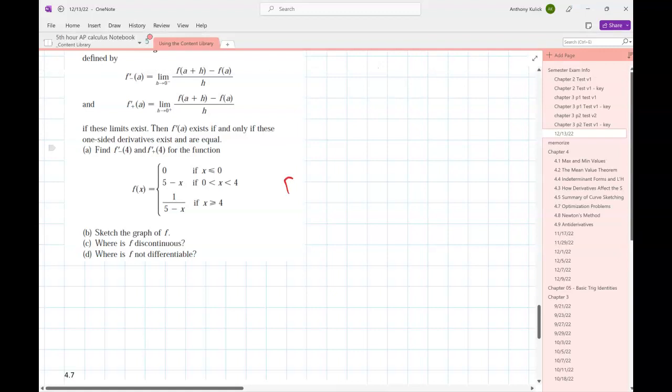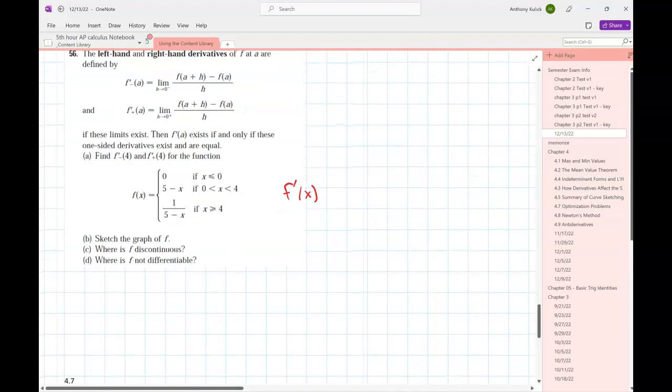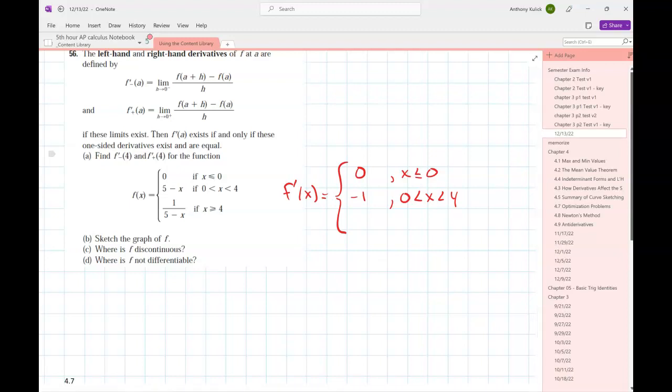So I'm going to start by just doing f prime of x. Now this is a 2.8 question. I don't remember if we had our derivative shortcuts or not, but let's just pretend we do. So the derivative of 0 is 0. Derivative of 5 minus x is going to be negative 1. And the derivative of 1 over 5 minus x, well, that's a chain rule problem, right?